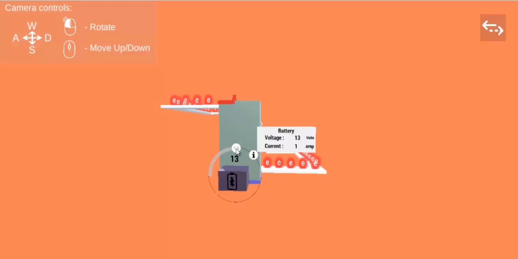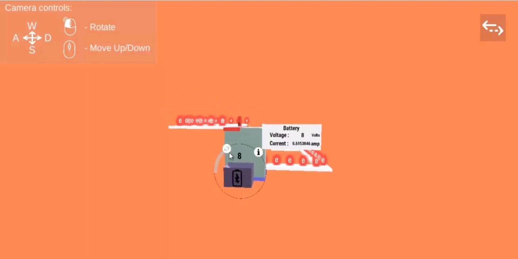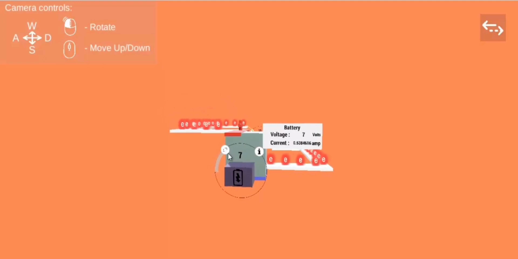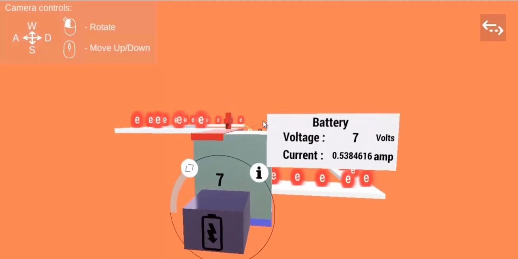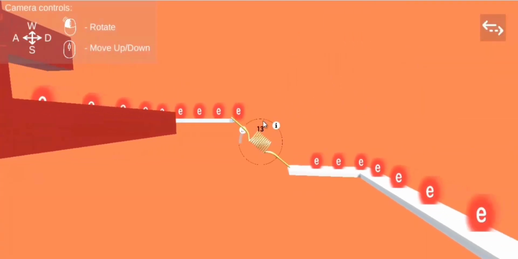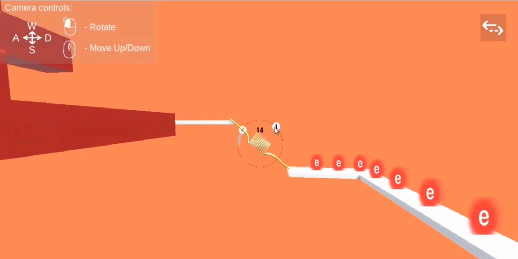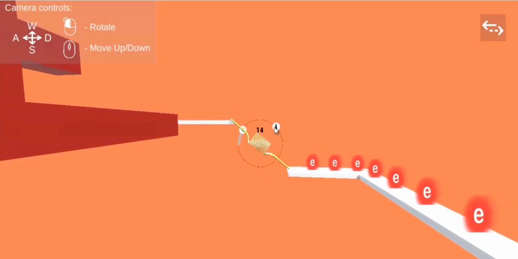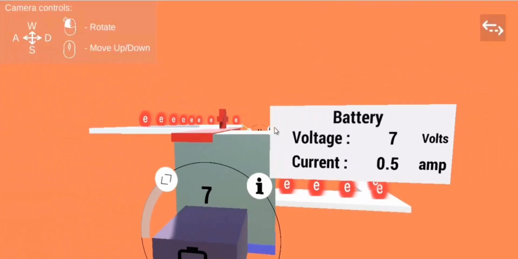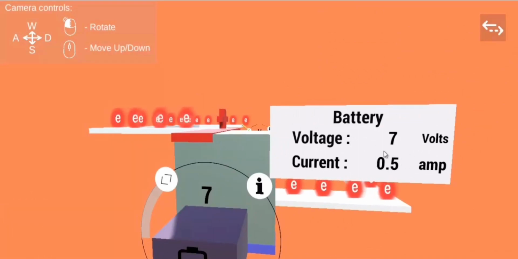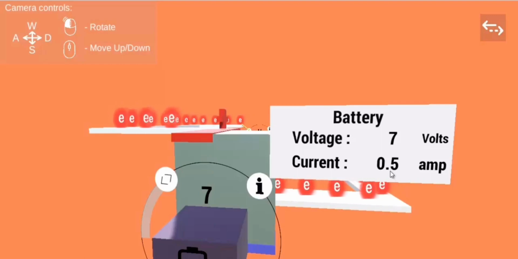Now suppose we change this to something else. Let us say I made it 7 volt, and then let us say I also made the resistance 14 ohm, in which case the current is 0.5 amp as is expected because we have 7 by 14, which is half.